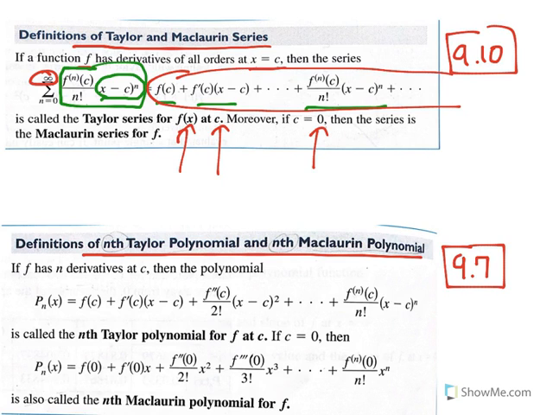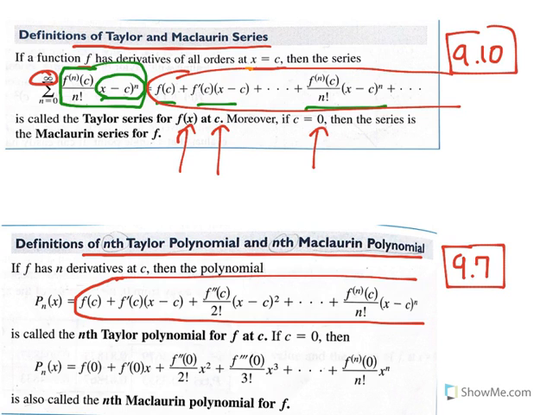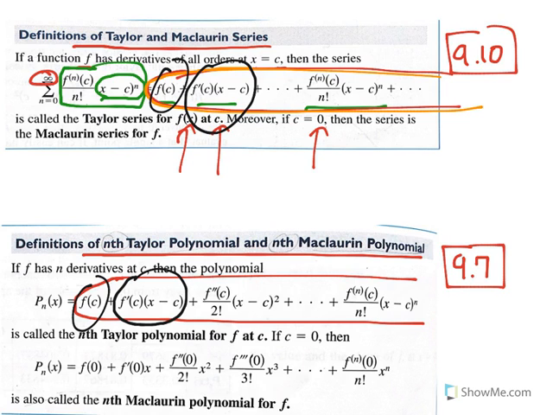Take a look at what we had in 9.7 and compare it to what we have now in 9.10, and you'll see that it's the same. f of c, f prime of c times x minus c, and the nth derivative of f evaluated at c over n factorial times x minus c to the n.